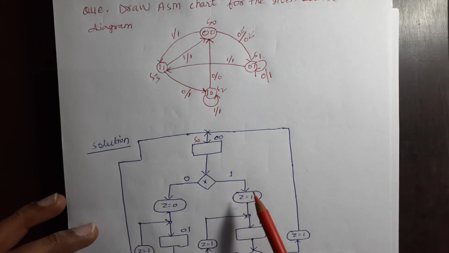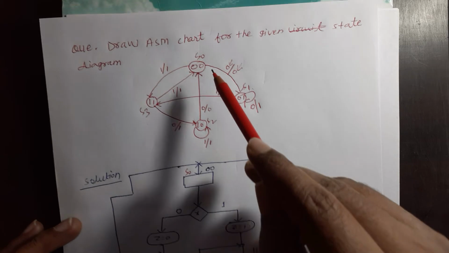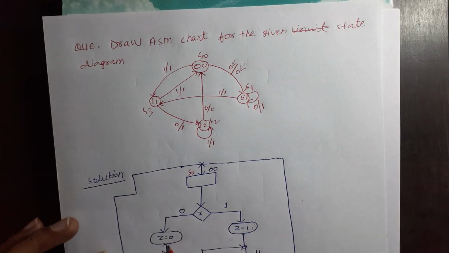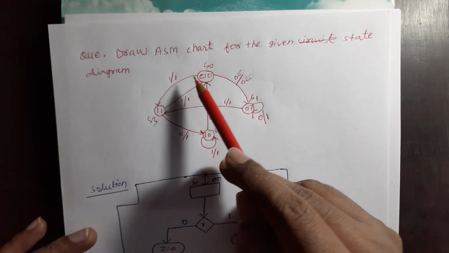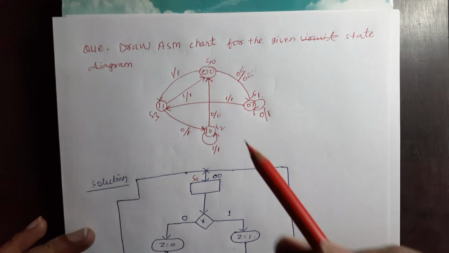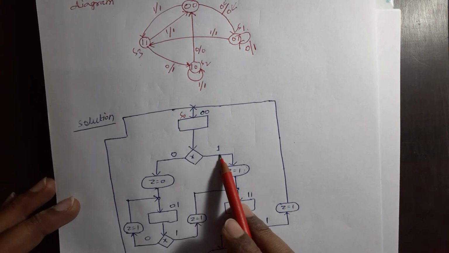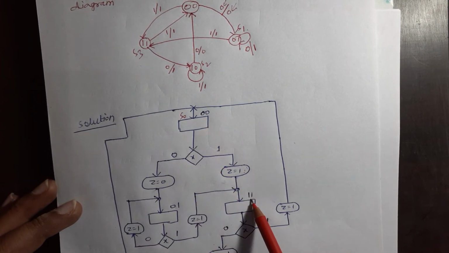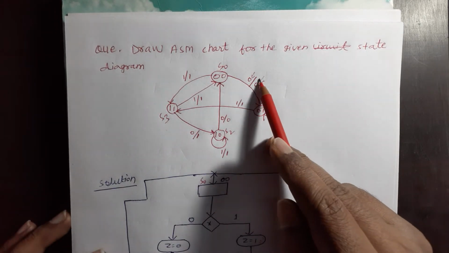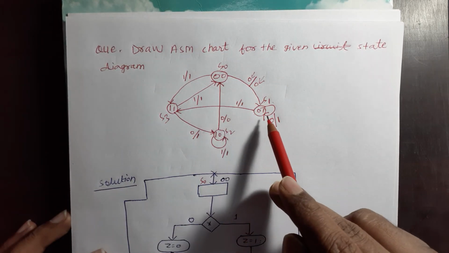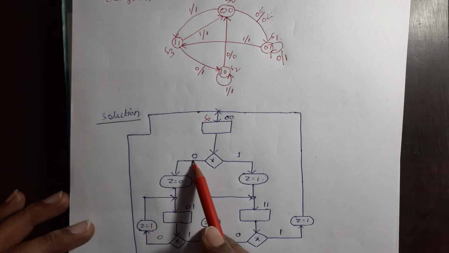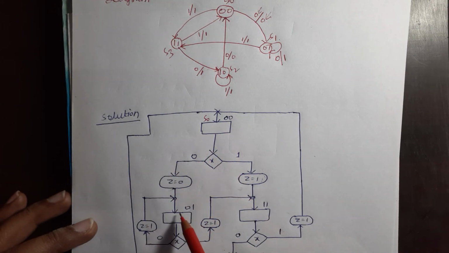So if x is 1 then the output is also 1, and if x is 0 then the output is 0. Now if x is 1 then there is a transition from 00 to 11, and if x is 0 then there is a transition from 00 to 01.